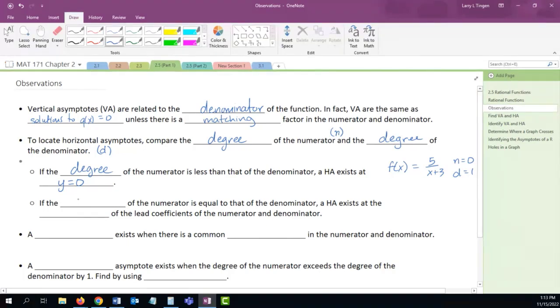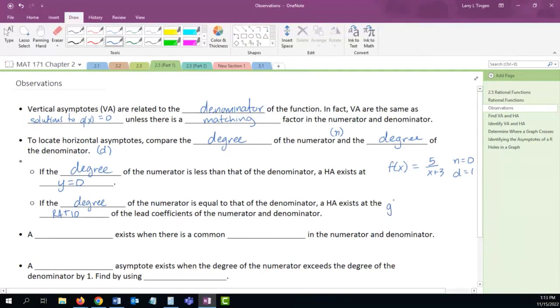Next one. If the degree of the numerator is equal to that of the denominator, a horizontal asymptote exists at the ratio of the lead coefficients of the numerator and denominator.